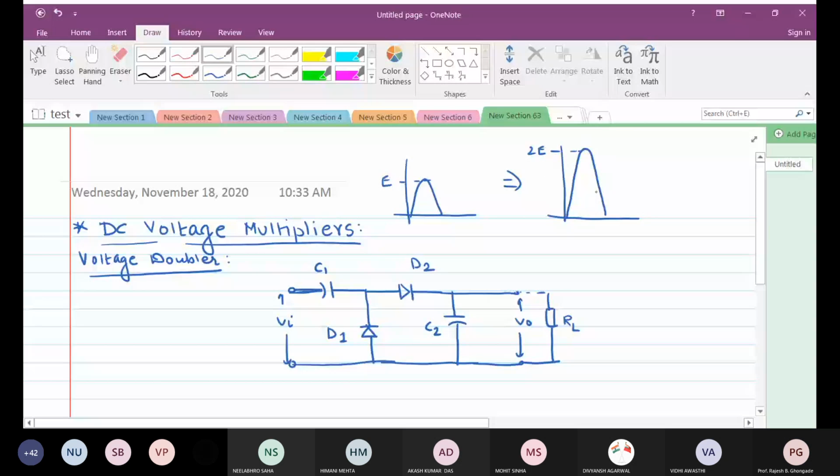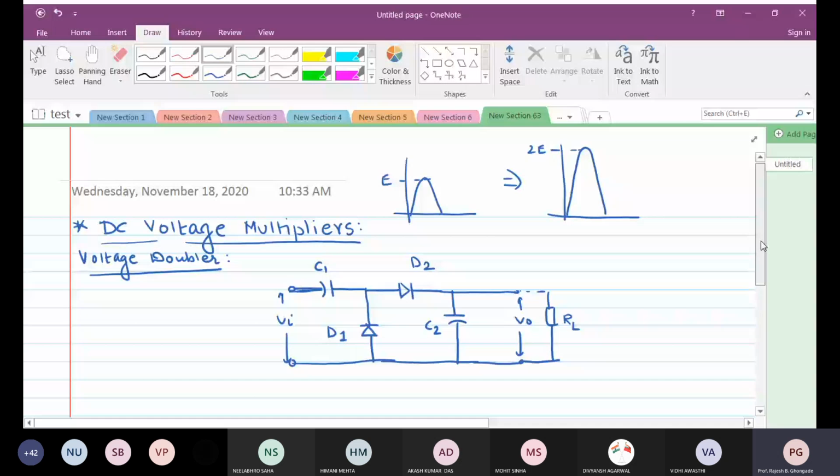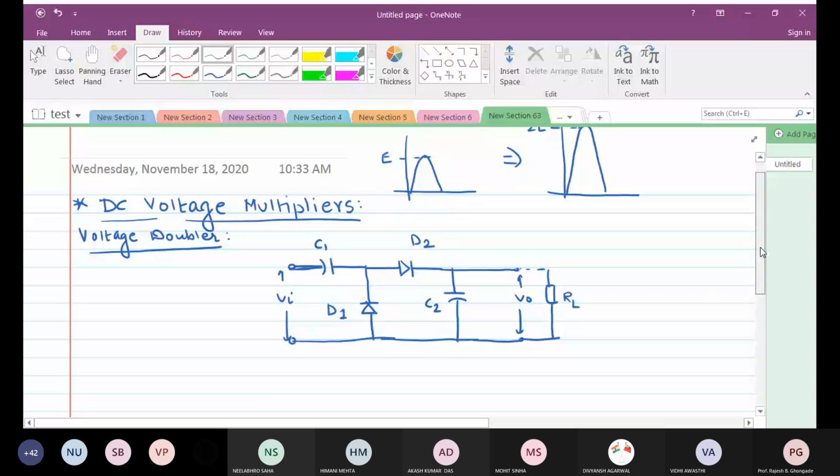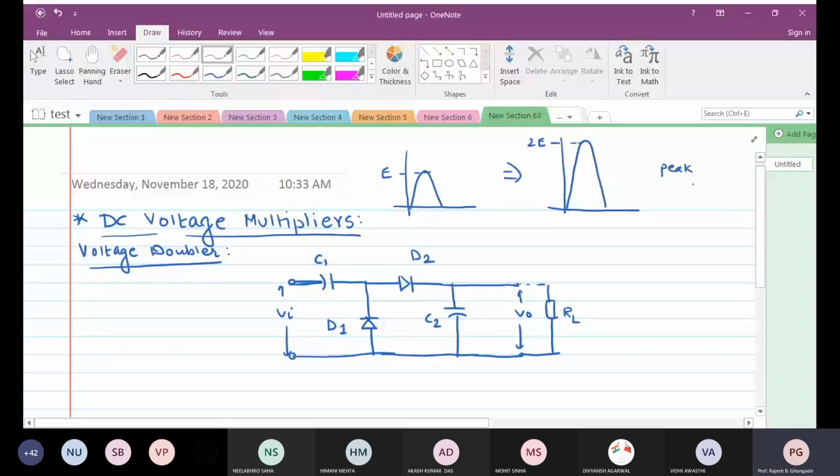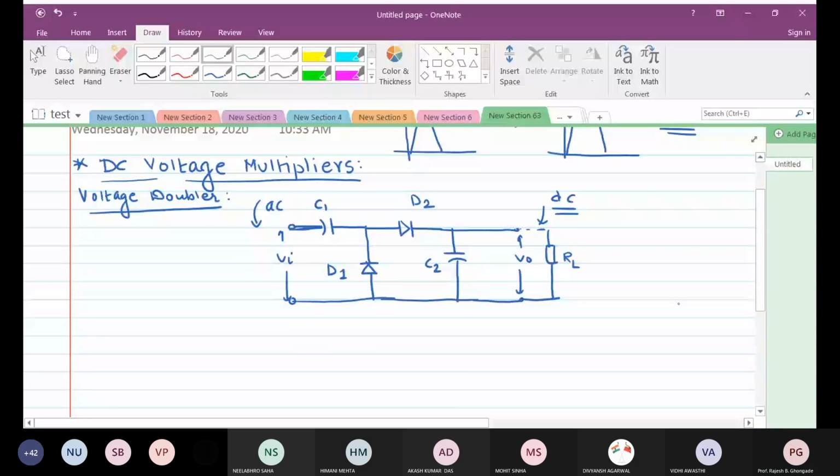So that is the concept. We are multiplying the peak value. So necessarily your input is AC and output is DC. This is interesting. Your input to this circuit is always going to be AC and output is going to be DC. Let us see what happens with the actual waveform.